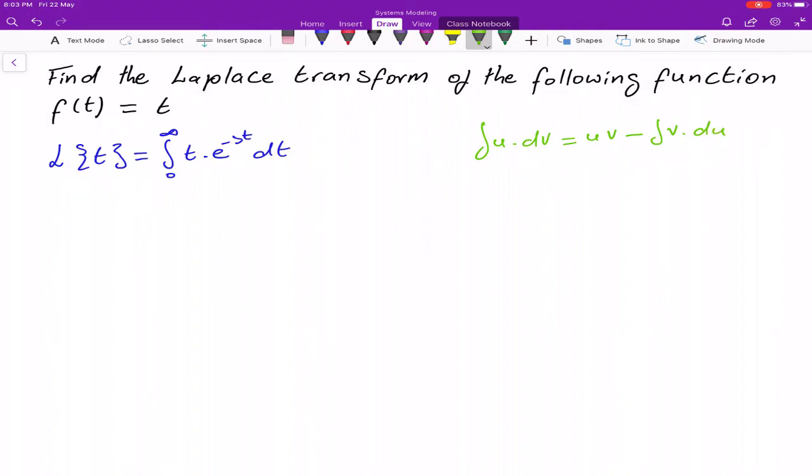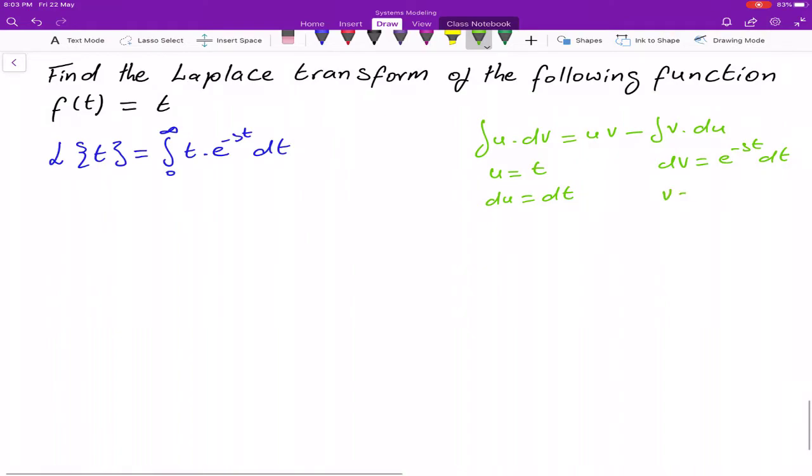So here we can let u is equal to t, so that we have the du is equal to dt. And we can take our dv is equal to e to the minus st dt, and the antiderivative of that, which is your v, is equal to minus 1 over s e to the minus st.